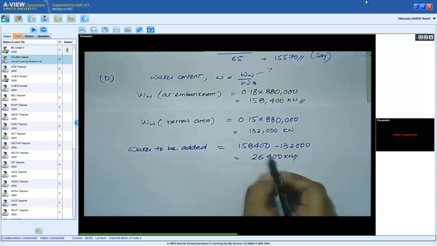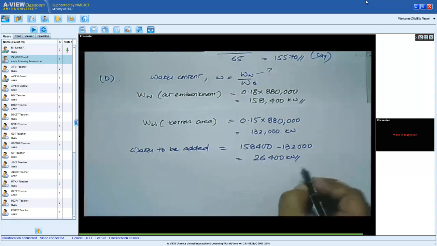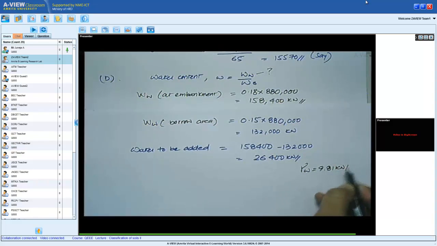So this is the weight, but the question asks for the volume of water. Obviously the weight of water is known, and the unit weight of water is also known: gamma water is 9.81 kilonewton per meter cube.